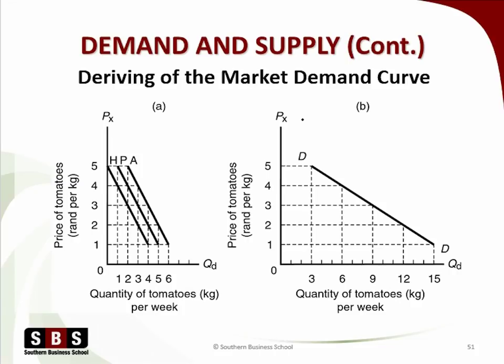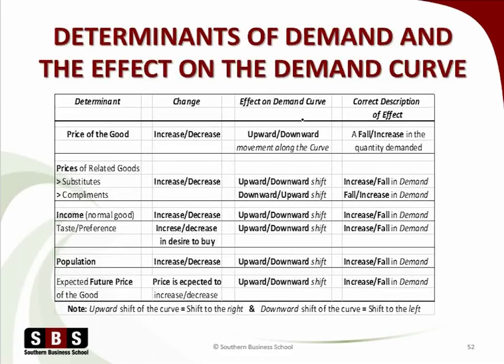Everybody okay? Yeah. Okay, so this is slide number 52. Now, I suggest you study this slide in detail. It gives you the determinant, the price of the good, and what it will cause on the demand curve. It could be a practical question maybe on this. Look in your previous papers how it's asked.